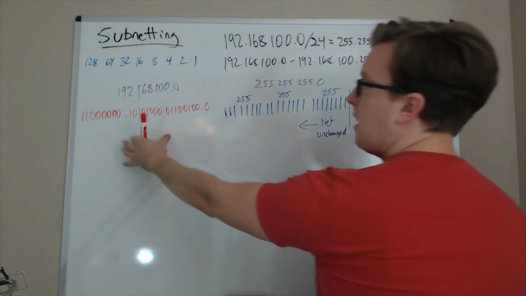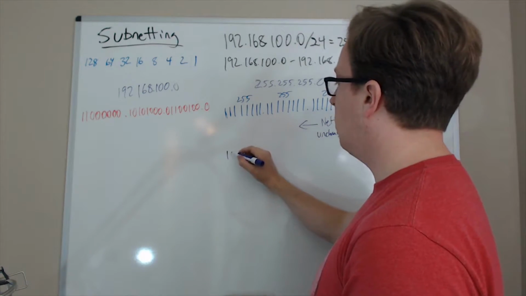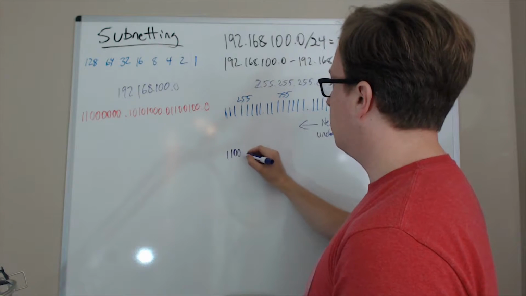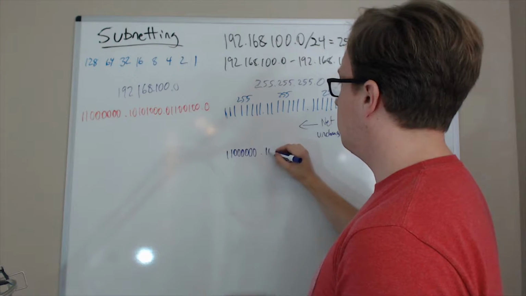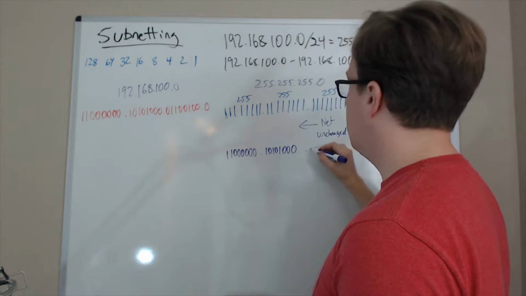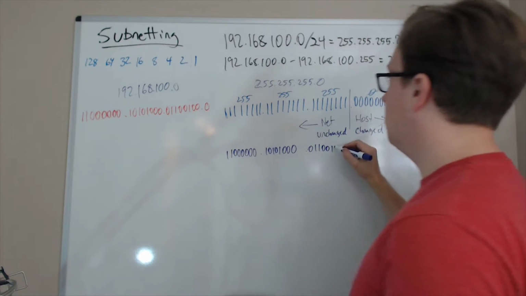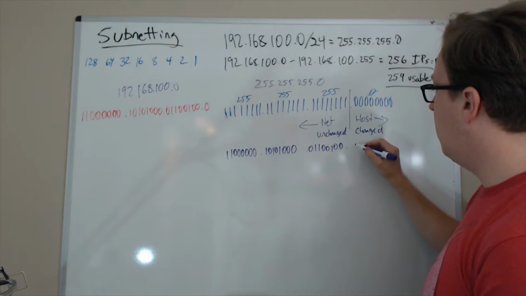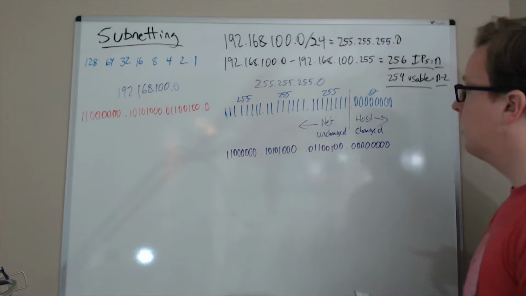Well, when we take our IP address and put it over here, it's 1 0 1 0 1 0 0 0 dot 0 1 1 0 0 1 0 0 dot 0 0 0 0 0 0 0 0.